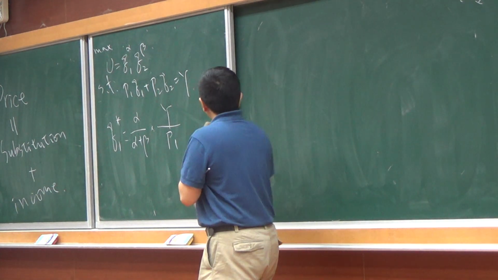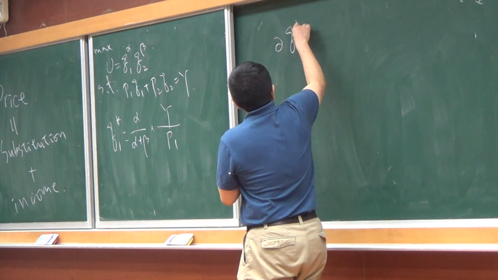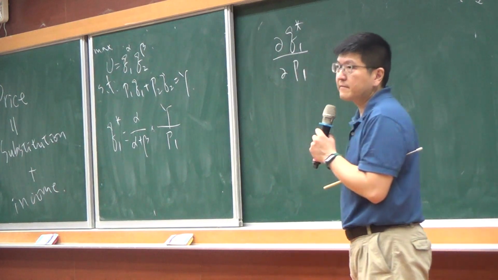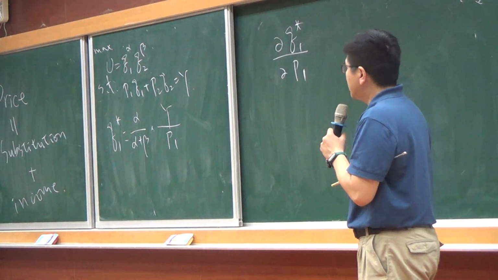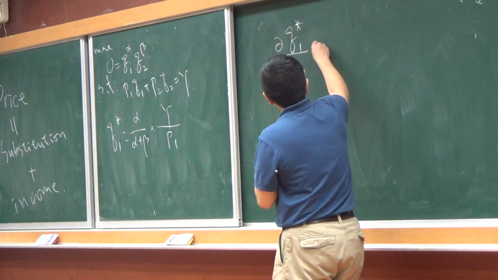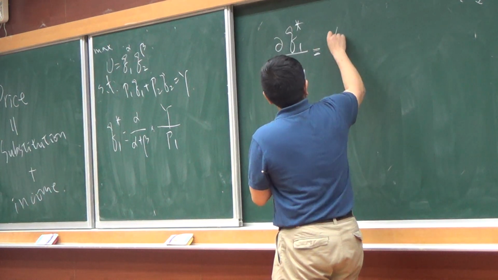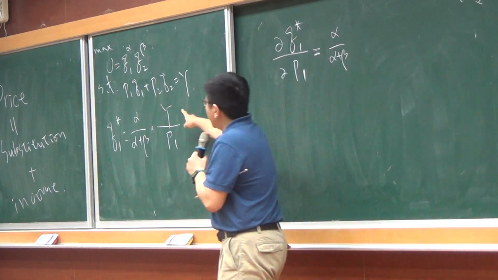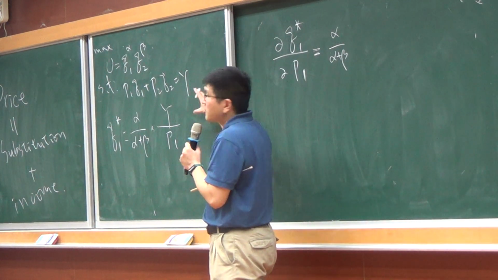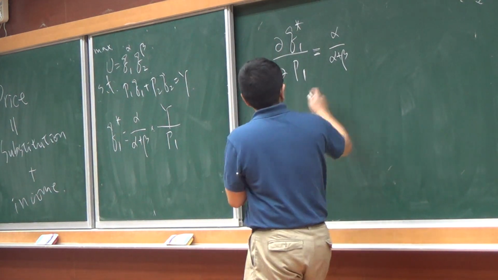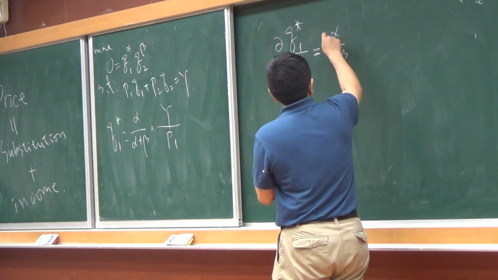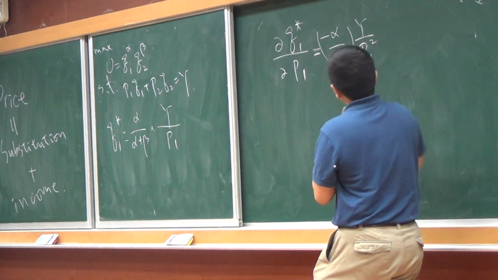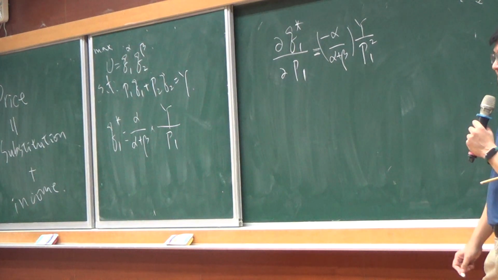Okay? So now, what about Q1 star with respect to P1? It would be alpha over alpha plus beta, Y and P1 with the power of -1, right? So it would be negative Y P1 squared. Is that right?